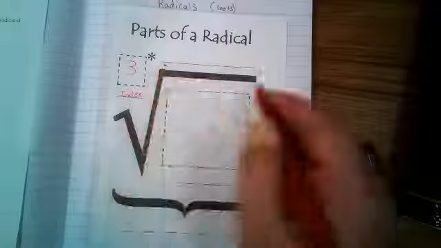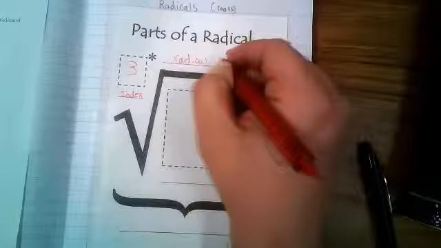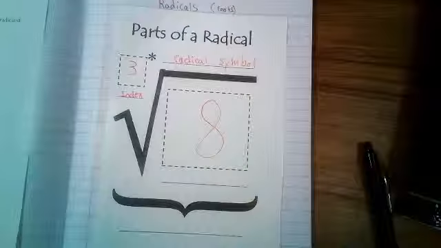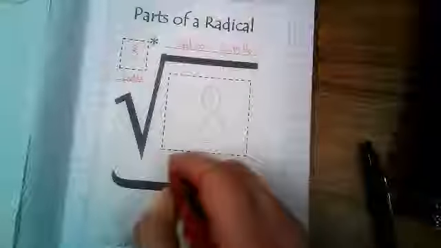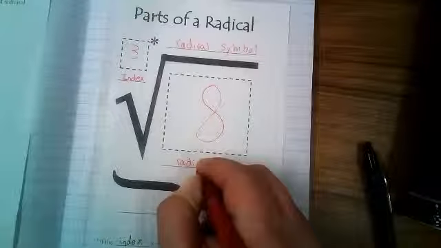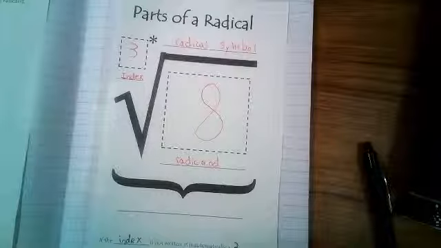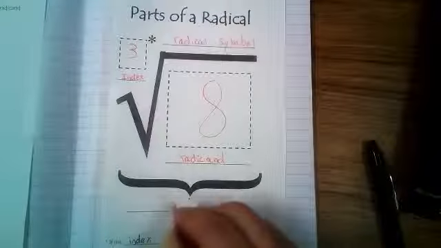This is just called a radical symbol. This 8, the number inside, is called the radicand. And this whole thing together is called a radical.